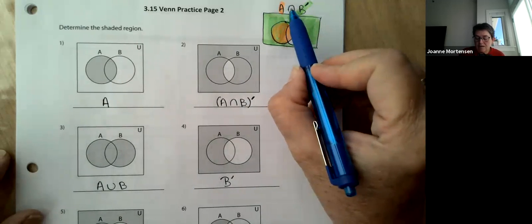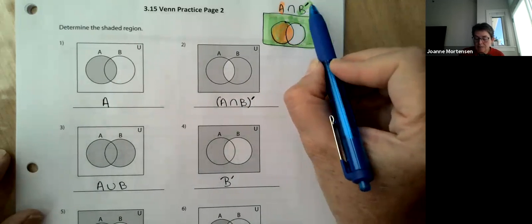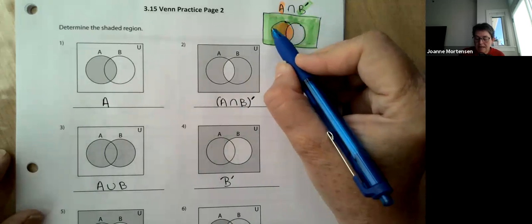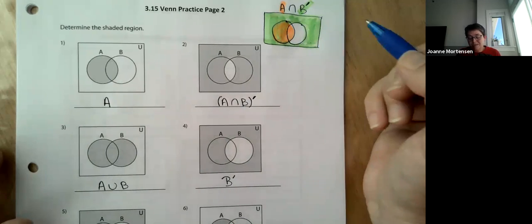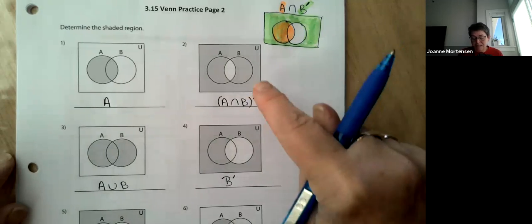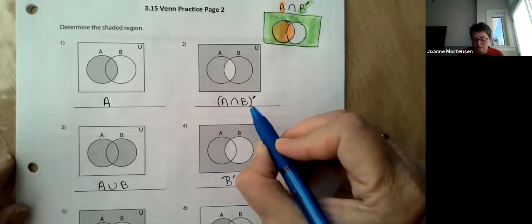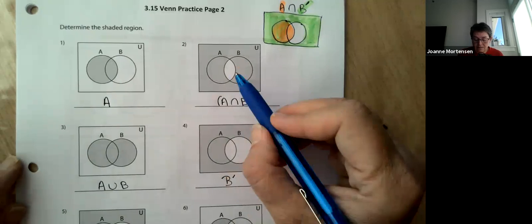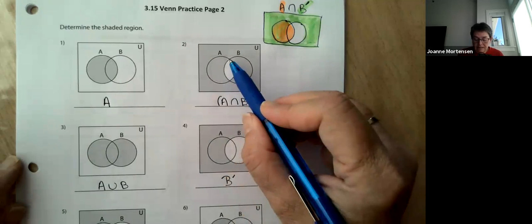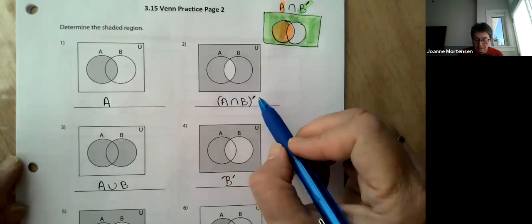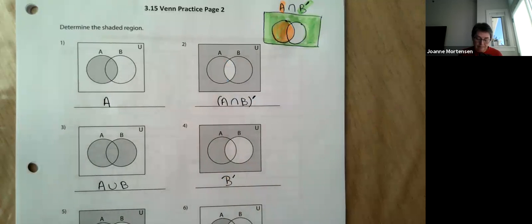So A intersection B prime would be this kind of nasty circle that's both green and orange at the same time, but that's not the same picture as here. So watch for that. Okay, so that is clearly the intersection between A and B, and then the whole thing is prime.